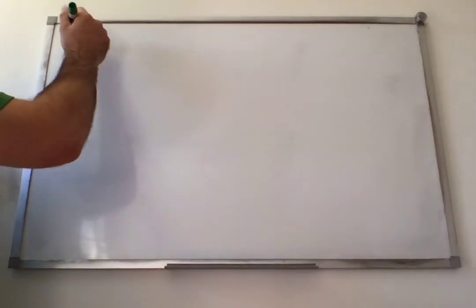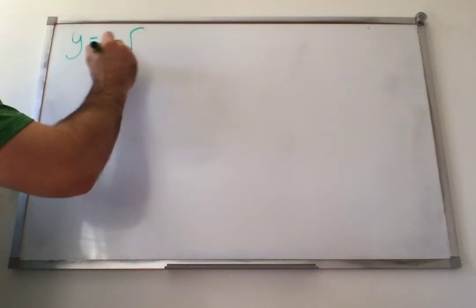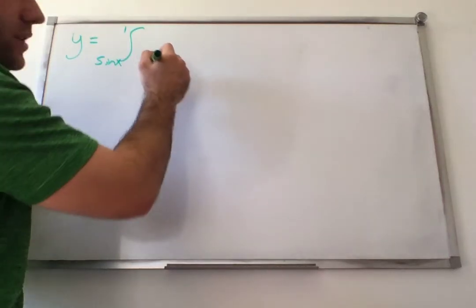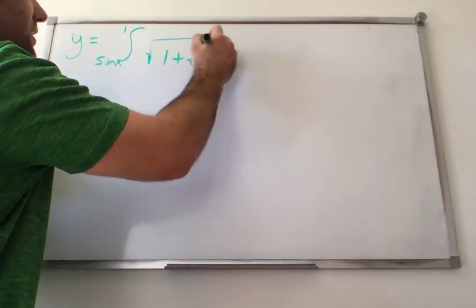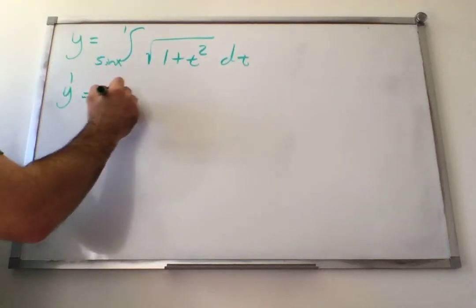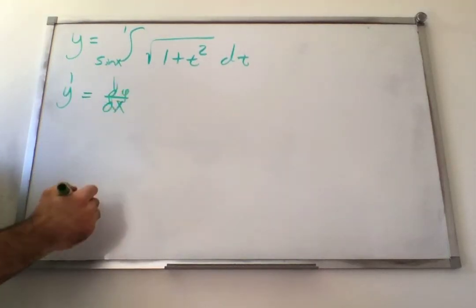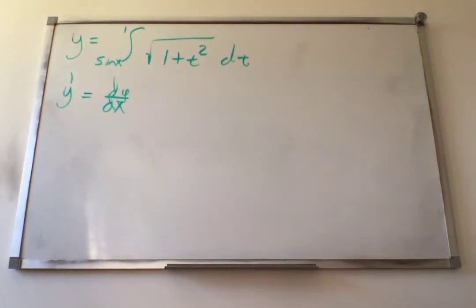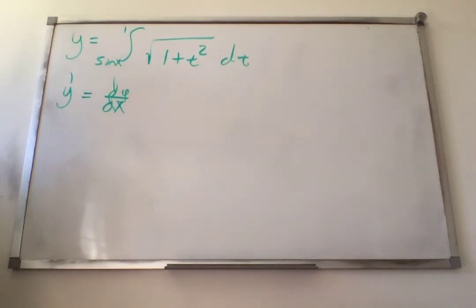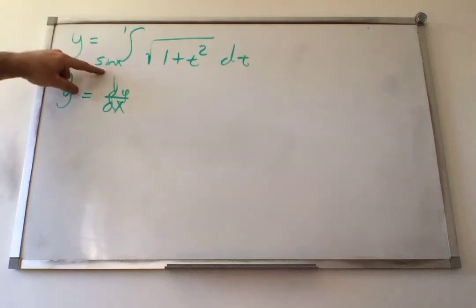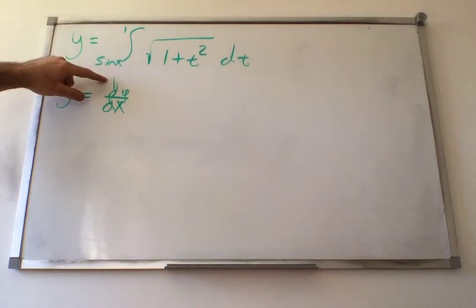Let's go ahead and do another example. It says y is equal to the integral from sine of x to 1 of the square root of 1 plus t squared dt. I want to find y prime, that's dy dx. Before I do that, notice that the limits of integration are switched.